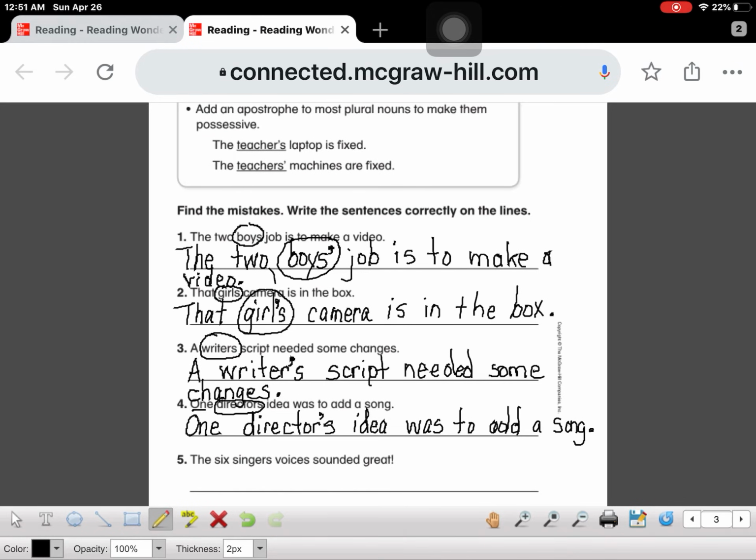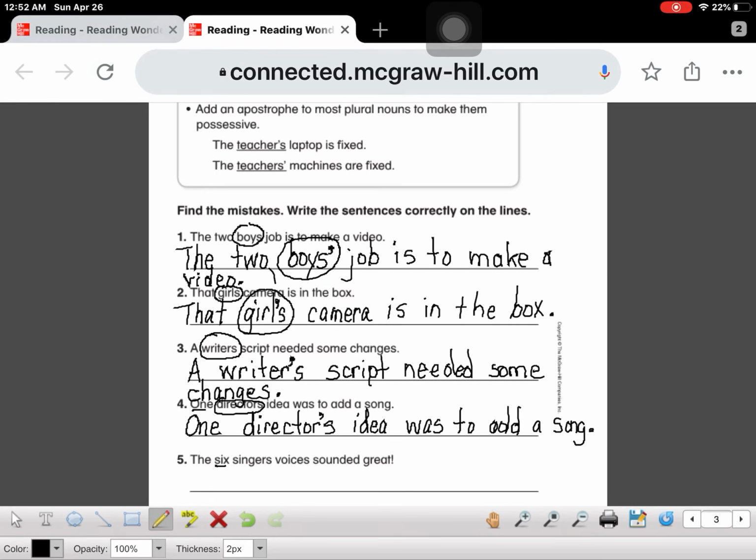One more sentence. Here we go. The 6 singers' voices sounded great. What's the key word in there that lets us know if we are going to use a singular or plural form? Okay, it's the word 6. So 6 is more than one, so it is plural.